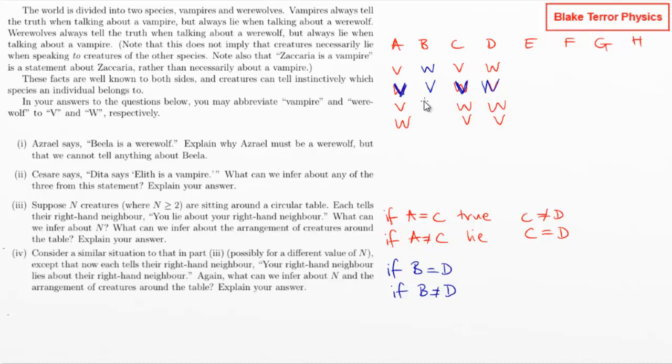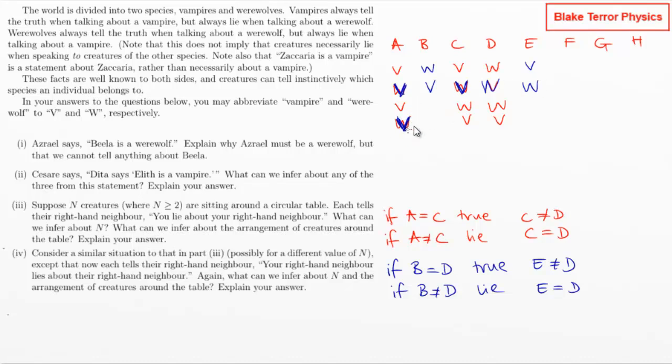Right, that's good. Then we'd be saying that if they're equal to D, then that's true, which means that E is not equal to D. So we would then be making that a V, and here it would be a lie saying that E is equal to D. So we get a W. We could do a similar thing here.